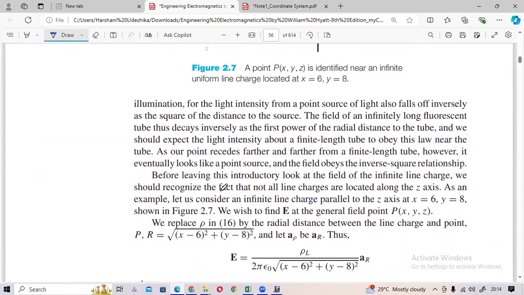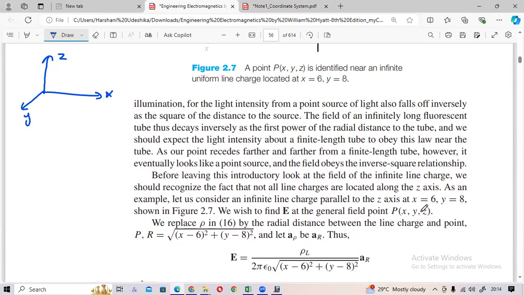I have mentioned this before. It says to just consider the infinite line charge parallel to the z axis. So that line charge is parallel to the z axis. This is z, this is x, this is y.